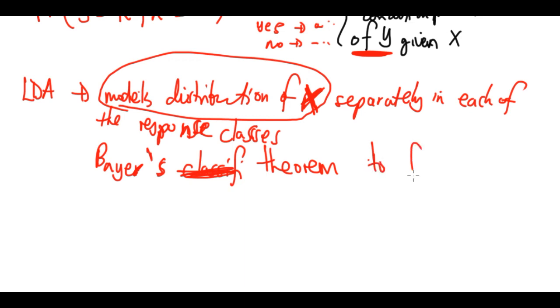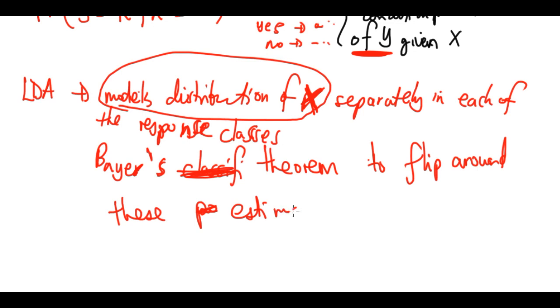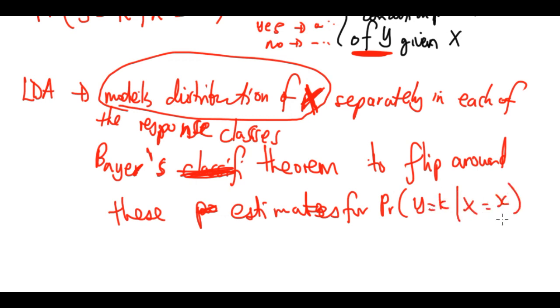We're going to use Bayes theorem to flip around these probabilities, or the estimates. Let me write the estimates: the estimates for the probability of y equal to k given my observation. Cool. We'll see what this means. But basically, we are not directly modeling the probability of a class.